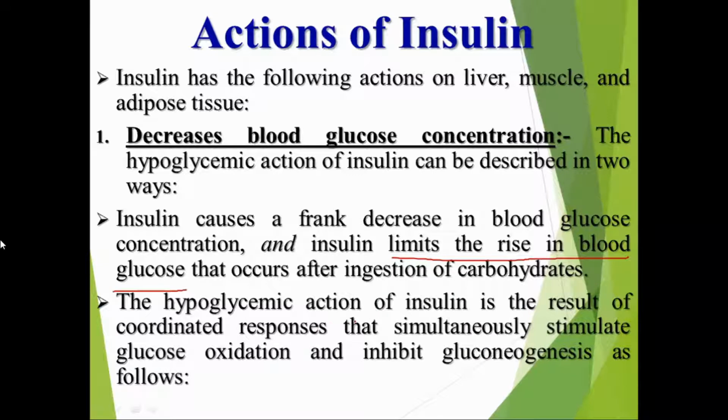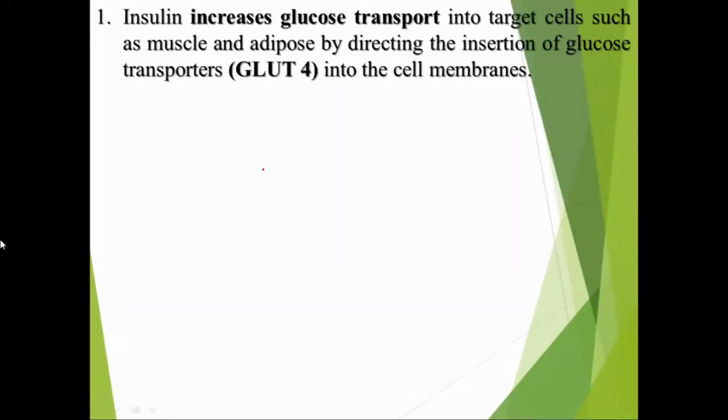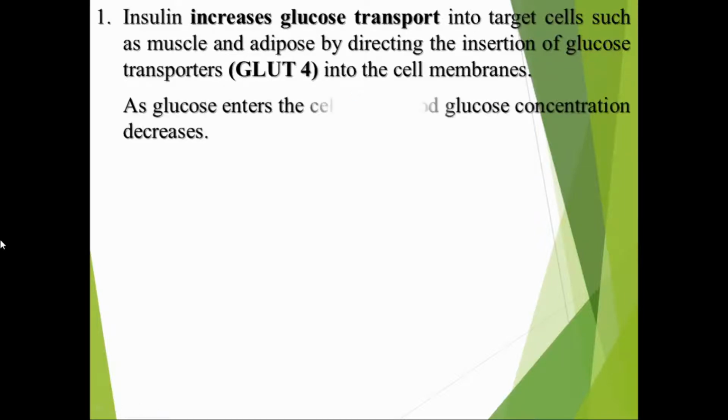So the hypoglycemic action of insulin is the result of coordinated responses that simultaneously stimulate glucose oxidation and inhibit gluconeogenesis, as follows. Insulin increases glucose transport into target cells such as muscle and adipose by directing insertion of GLUT4 into the cell membranes.